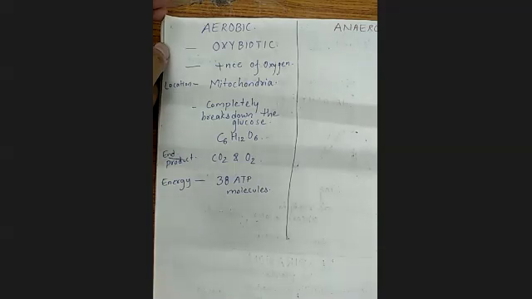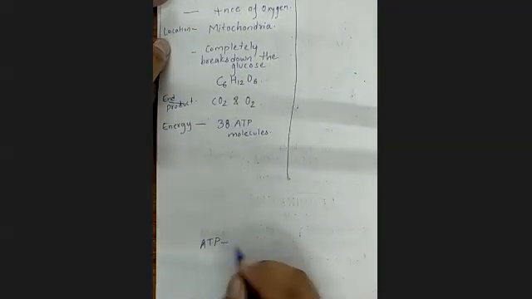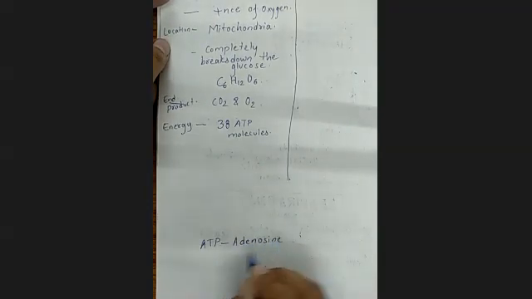Do you understand what ATP is? It means the energy currency of the cell. Yes, it's an energy molecule of the cell. So what do you mean by ATP? ATP is the full form of adenosine triphosphate.